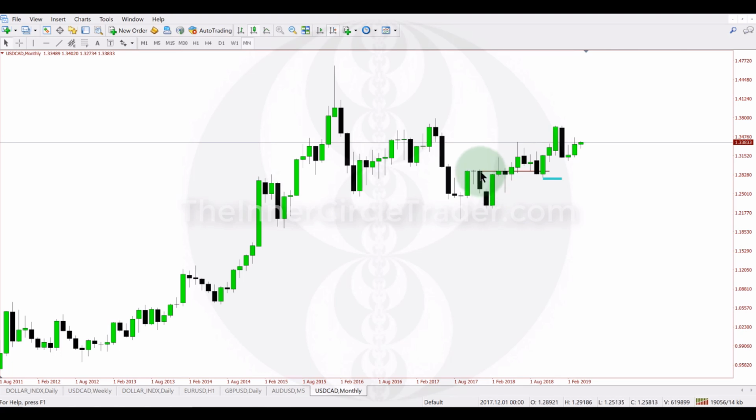Otherwise, until we break above this in a meaningful way, it's not meaningful here because we have a wick and we close the body here. That means we have to spend a little bit more time inside the order block. What's it going to go? It's going to go right down here and attend to this volume imbalance. Okay, so we're not going to talk about that. I just threw it in here for extra credit and no extra charge.